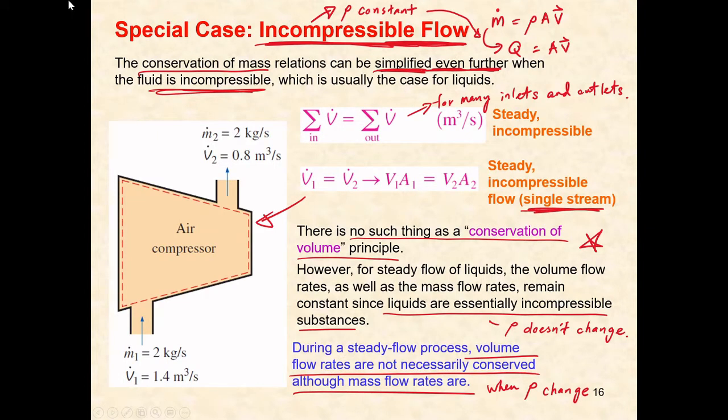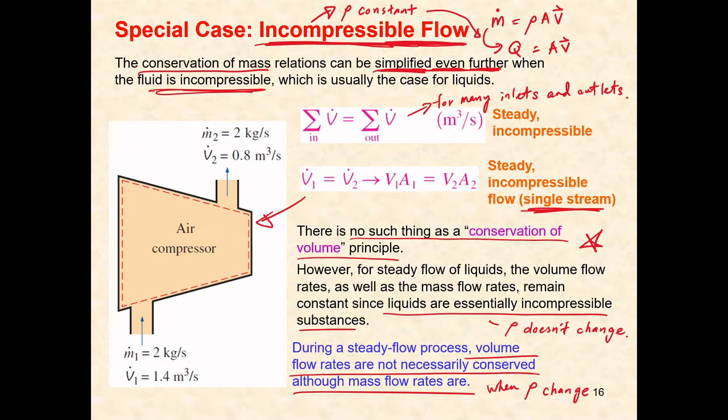Now let us look into a special case. We call it incompressible flow. The word compressible means something that can be compressed, but incompressible means that the substance cannot be compressed. In this case, it's referring to the fluid, so the fluid cannot be compressed.